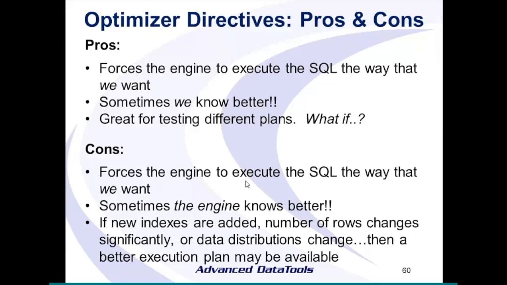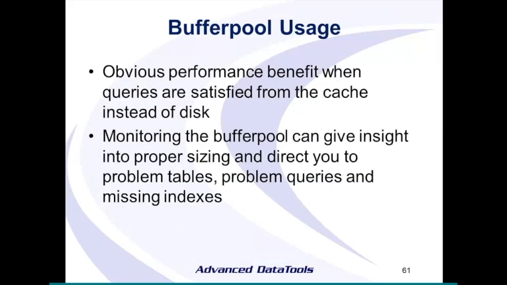All right, so that's most of the query tuning. I want to go on now and talk about some other things that impact the performance of how fast the queries run. So the buffer pool. This is a cache. And obviously, the more times the database can pull stuff from the cache to satisfy the query, the better, because we don't need to go to disk.